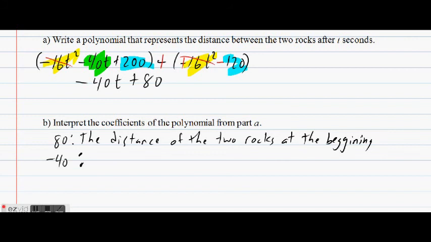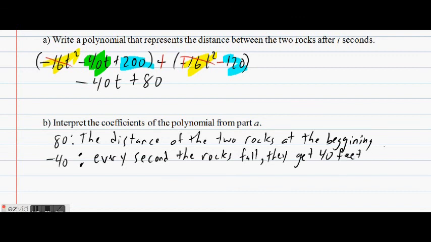And that negative 40 means every second that the rocks fall, every second the rocks are out of your hands, every second the rocks are in the air, they get, I don't want English teachers being mad at me, put a comma, they, meaning the rocks, get 40 feet closer to each other.